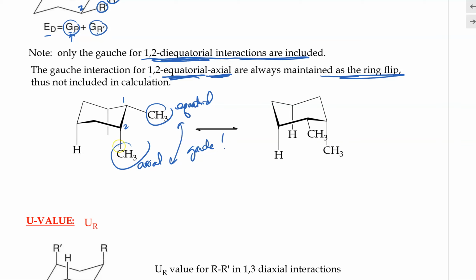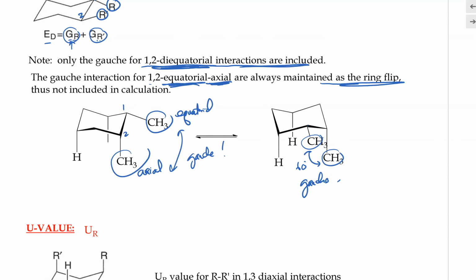When we flip this to the other conformation, we can see that they will still be 60 degrees from each other, and we still see this gauche interaction. So this interaction will be maintained as the ring flips, and this is why we do not need to include it, because both conformations have it, and that will not contribute to the difference in energy between the two conformations.